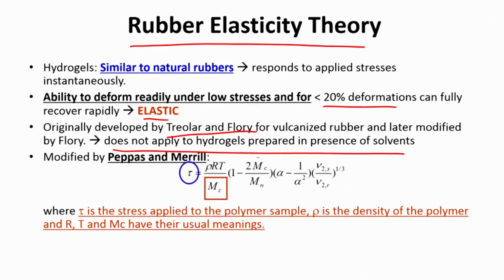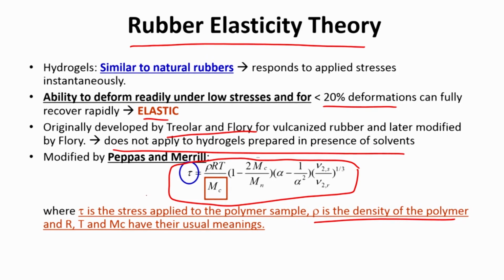With the rubber elasticity theory, if tau is the stress applied to the polymer sample and rho is the density of the polymer itself, then you can equate them on the basis of this equation. So, now we have another equation.